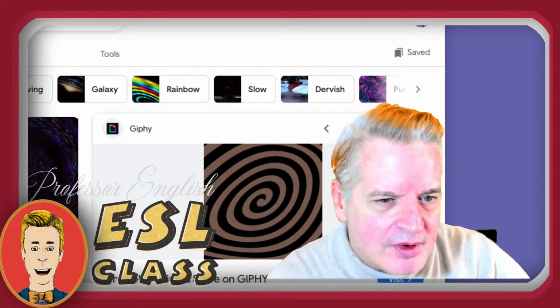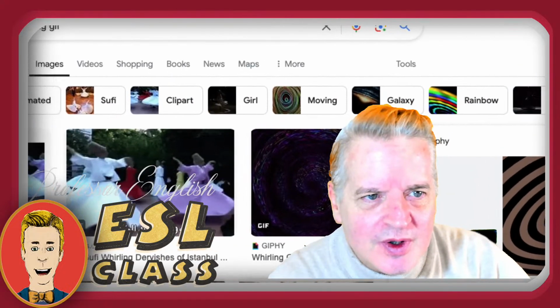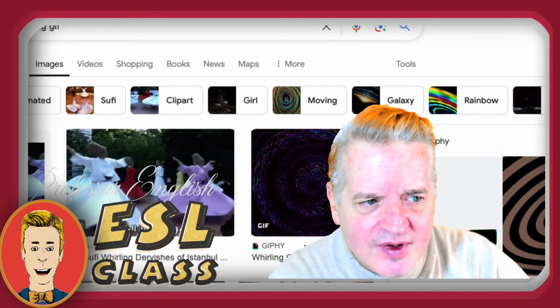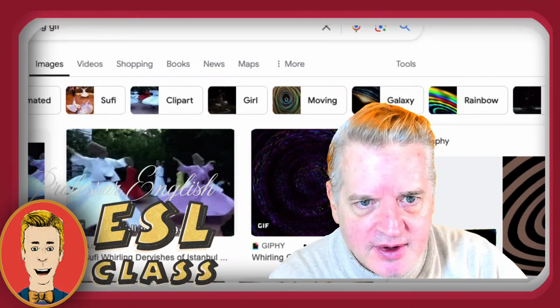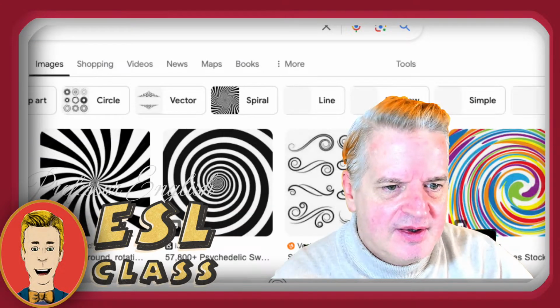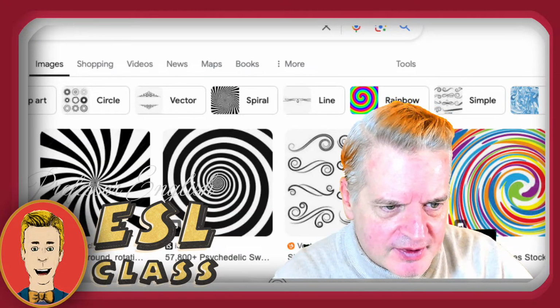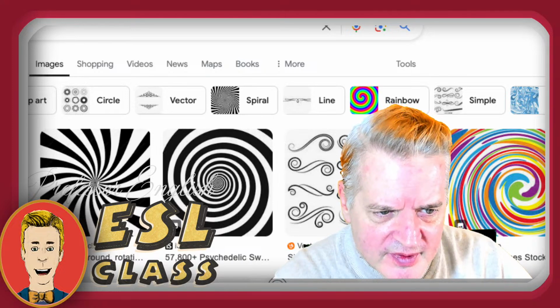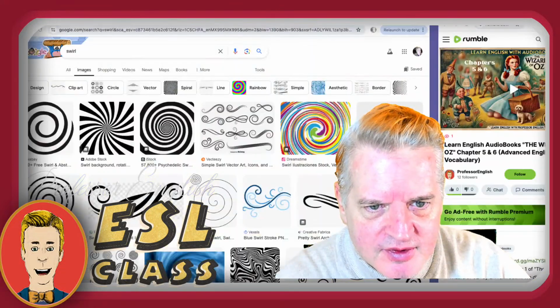And then swirl. Oh, let's see what kind of pictures. Swirl, I think, could be very similar to the picture we just looked at. Yeah, you see the same thing, except it could be not so organized, maybe. Let me try that again.